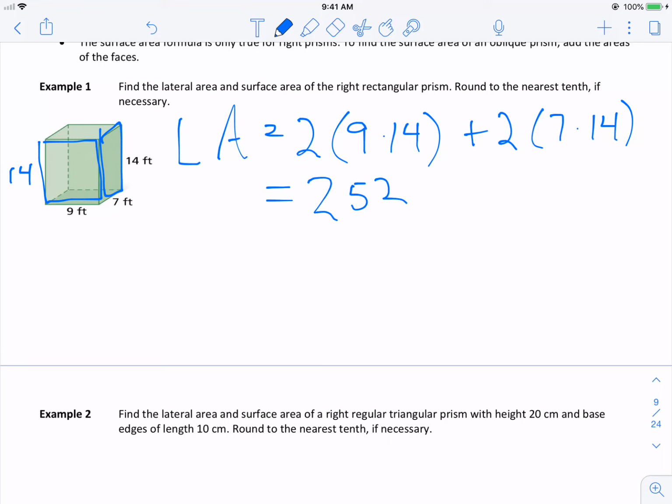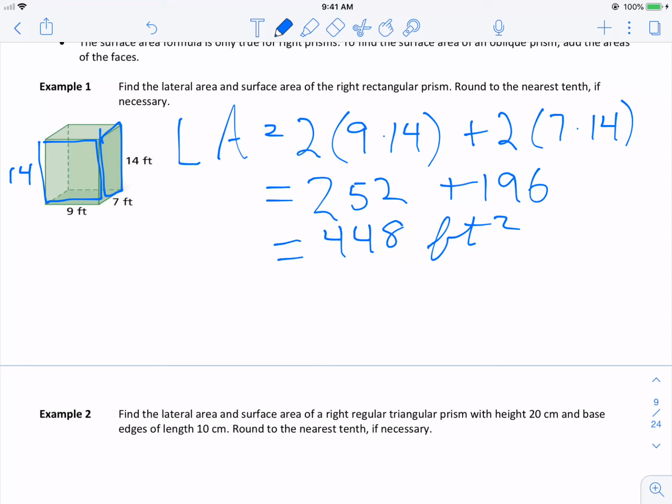And 7 times 14 is 98. Multiply that by 2, we get 196. So add these two values together, and we have 448. Now this is an area, so our units are squared, so square feet.